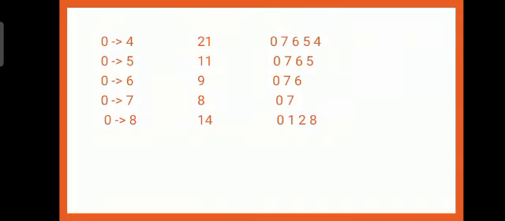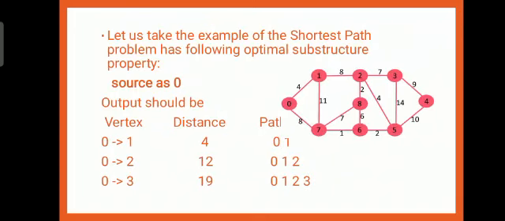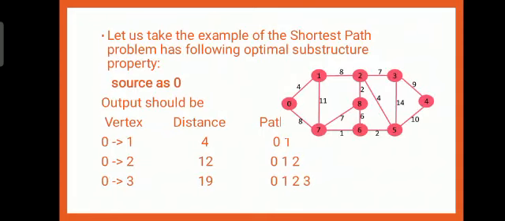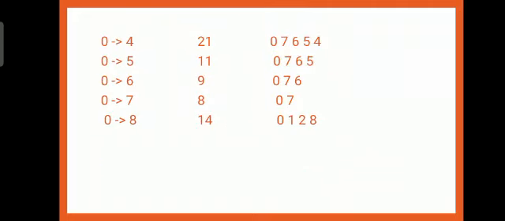Next let us see 0 to 6. The distance will be 9, that is 0 to 7 to 6. Now 0 to 7, the distance between these two is 8. So the path is 0 to 7, distance is 8.